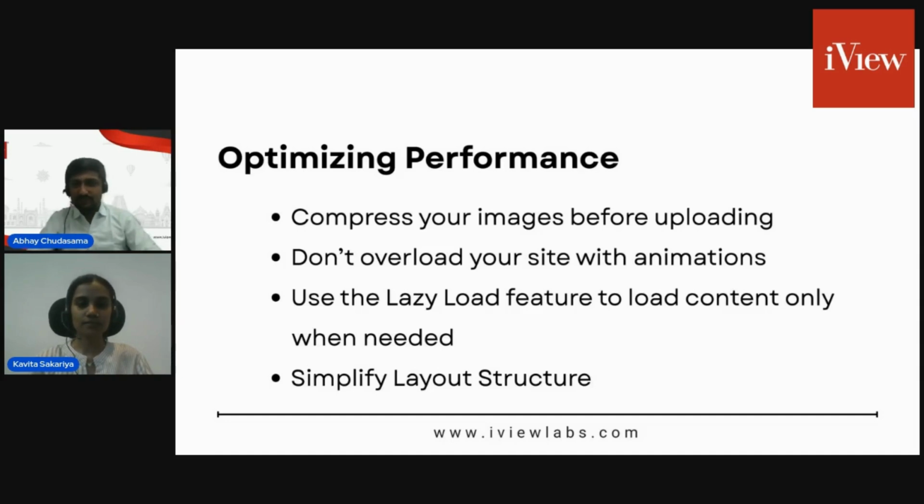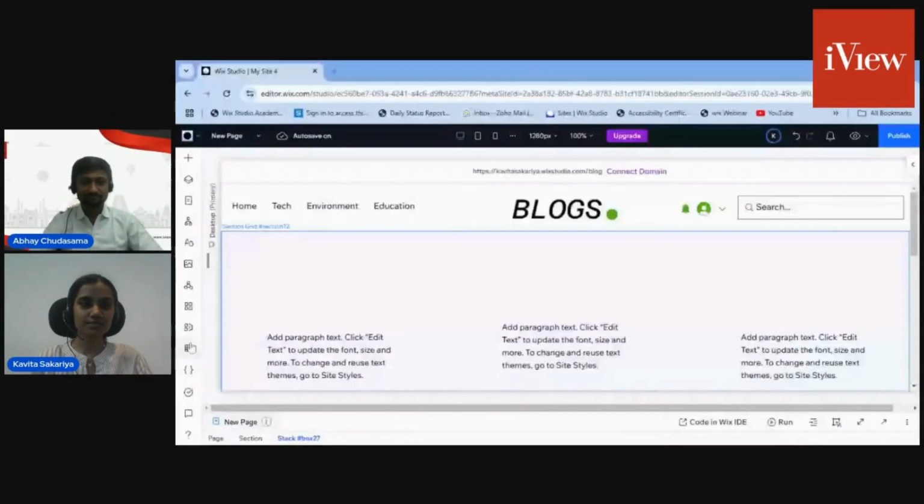Kavita, whenever something comes to images in a visual context, usually the audience prefers to see something. Could you share your screen and show our audience a visual representation? Yeah, sure. Let me take you back to the editor. Okay.